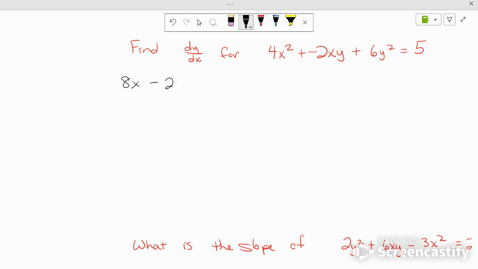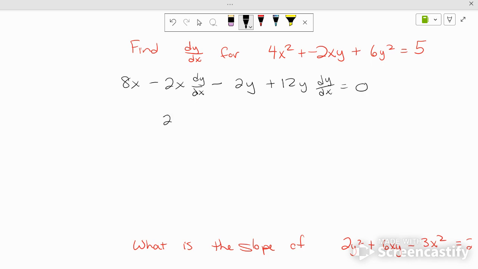Minus 2x times dy dx minus 2y plus 12y dy dx equals 0.